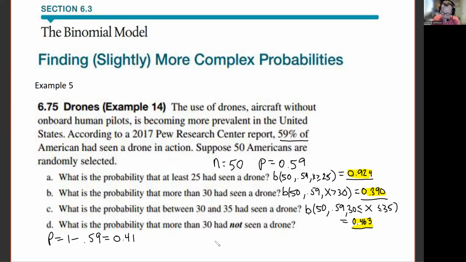So what we want now is the binomial probability of 50 trials. This time success is 0.41, or probability of success is 0.41. And we want the probability that more than 30, so 31, 32, X is greater than 30, we want that probability.